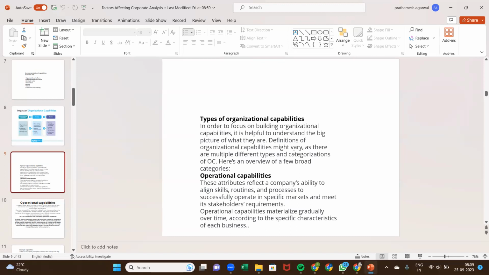It depends more than people to people, I'll say. It depends from organization to organization. Again, when we talk about organization, there are different types of organization. Then, as there are multiple different types and categorizations of OC, there is an overview of broad categories.